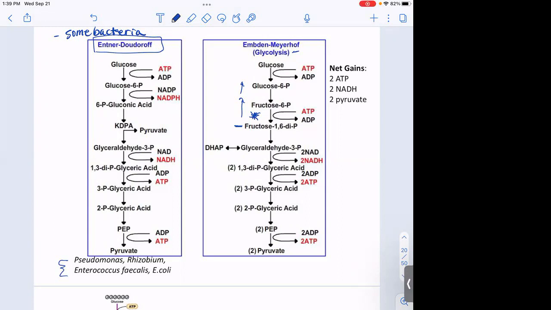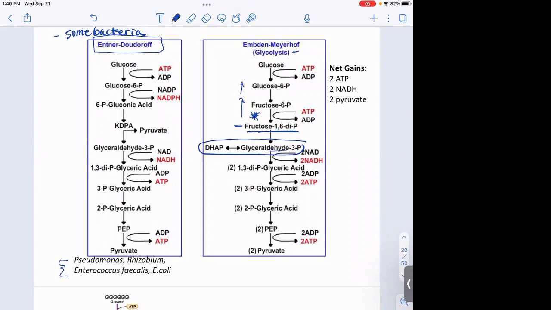So if you look at Entner-Doudoroff, first of all, before we look at that too closely, I wanted to point out right here the lysis step of glycolysis. Again, don't memorize these intermediates, but this fructose 1,6-diphosphate is not a symmetric molecule. So you can't just split it down the center and get 2 things that are the same. So you end up with this DHAP, dihydroxyacetone phosphate, that actually usually gets converted into glyceraldehyde 3-phosphate.